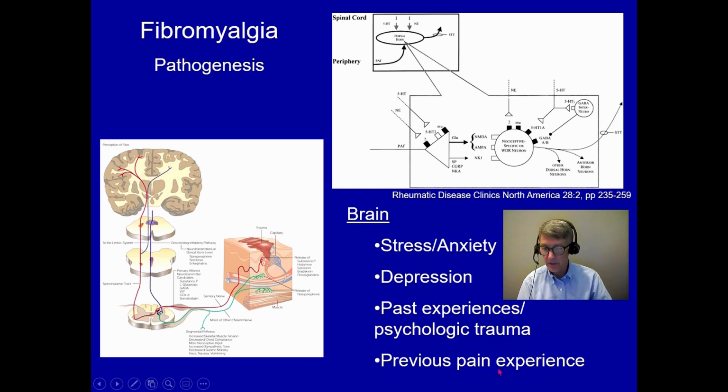So there's a whole group of things that can affect pain, some increasing the perception of pain, some decreasing it, but the result is an early and prolonged wind-up in the spinal cord, and as a result of previous pain experience and perception in the brain, there's an increased and prolonged pain experience in fibromyalgia.